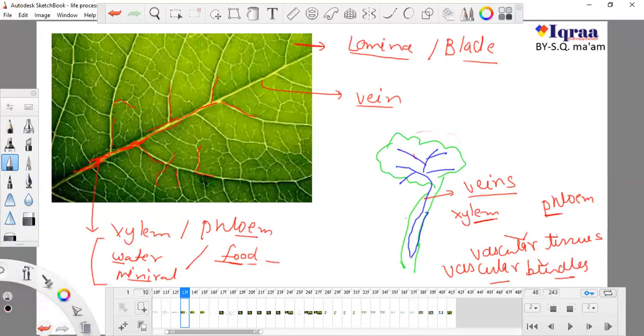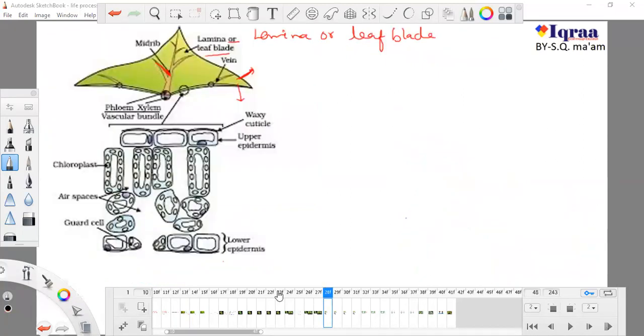I am denoting the major one with black. This is known as the major vein. Major rib or major vein, and these are minor, and further these are very minor. This part is known as midrib or mid vein.